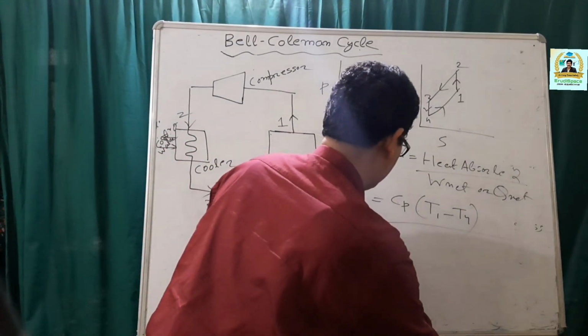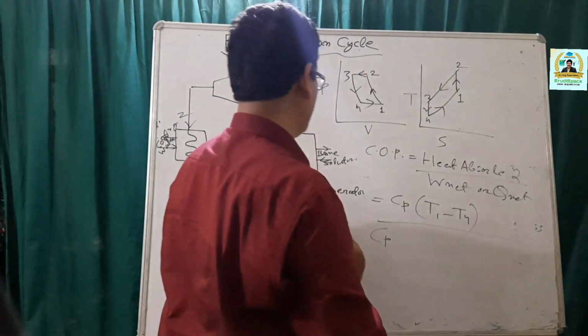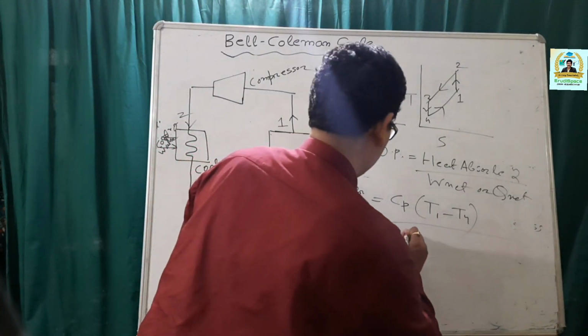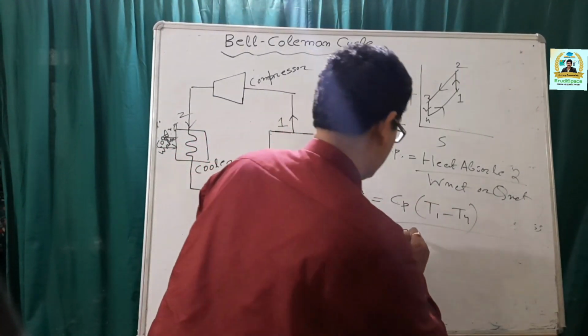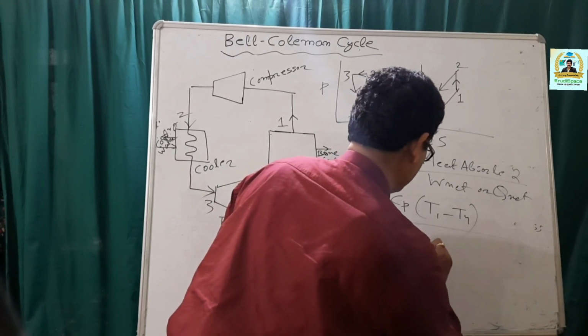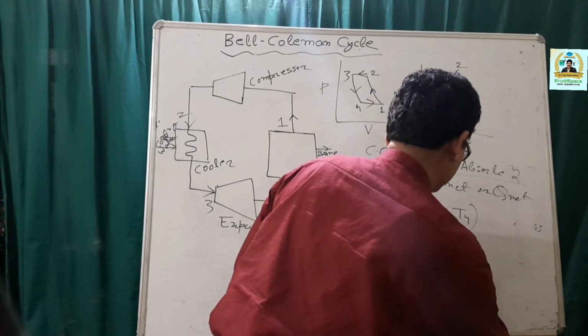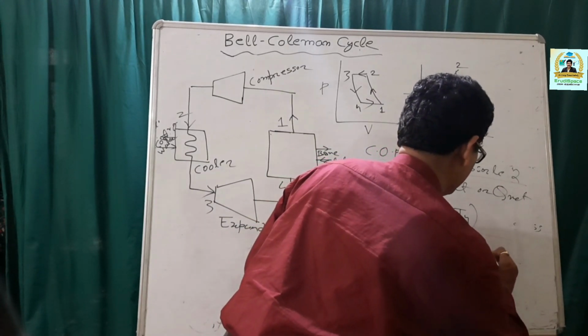So, heat that is delivered to the surrounding cooling medium in the cooler is Cp multiplied by temperature difference T2 minus T3, minus the heat absorbed, which is Cp into T1 minus T4.